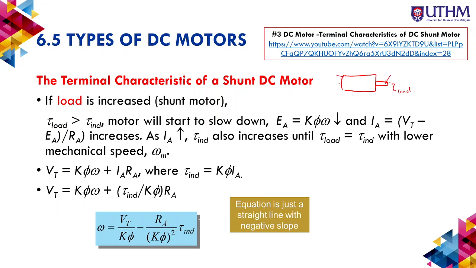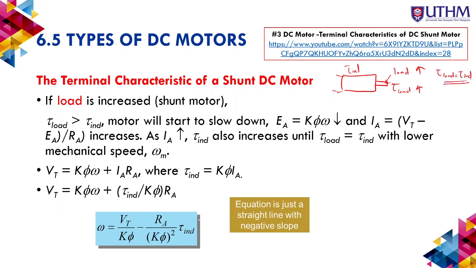Whatever the motor produces, we call it the torque induced. So once you put some load, when the load is increased, the torque load will also be increased. At first, before you put the load, the torque load is equal to the torque induced.